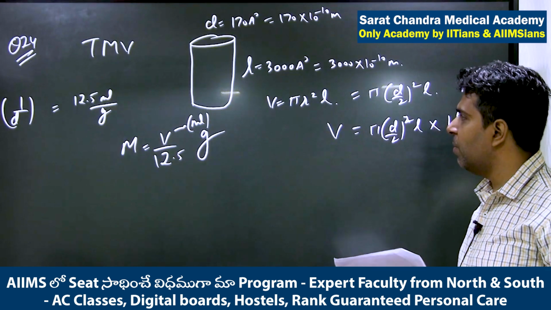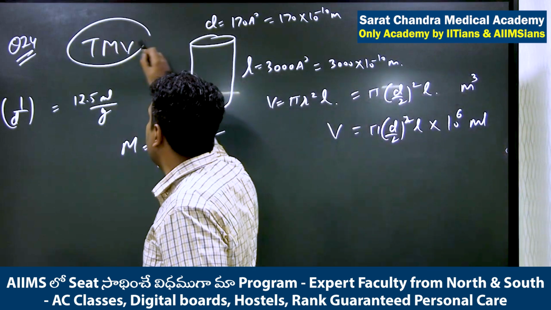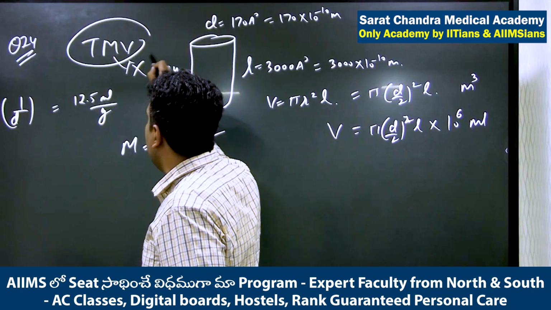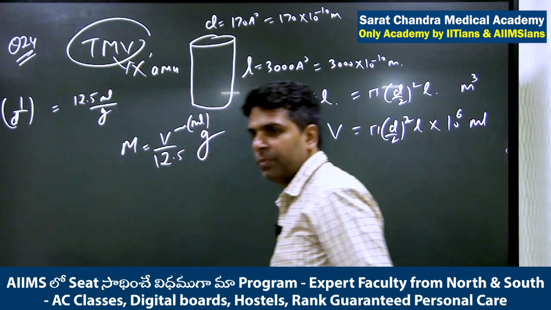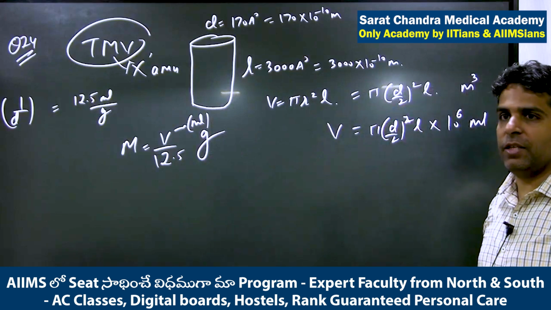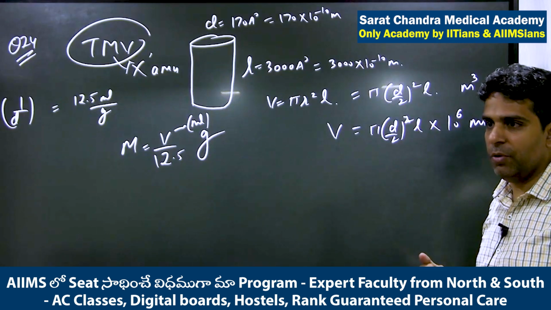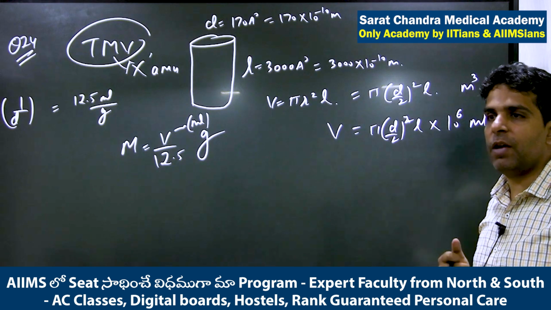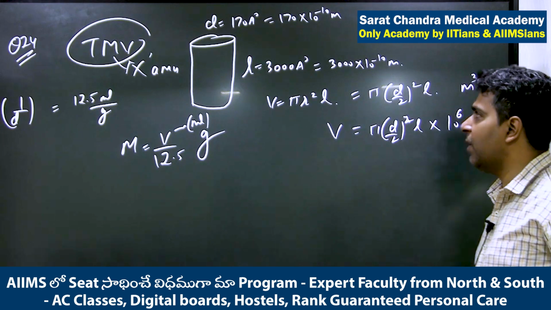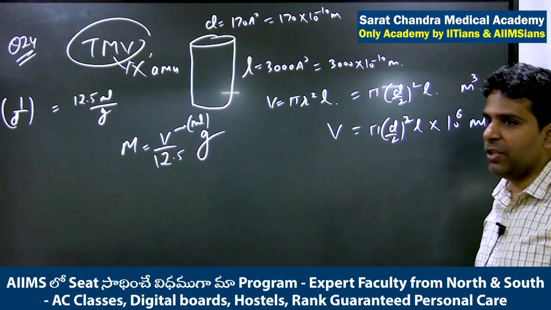So you have to find out the molecular mass of this virus. Let the molecular mass of this virus be X. So it is represented in AMU. So if the atomic mass of carbon is 12, the mass of one carbon atom is 12 AMU. Mass of 1 mole of carbon atoms is 12 grams. So if the mass of this virus is X, mass of 1 mole of this virus will be X grams.